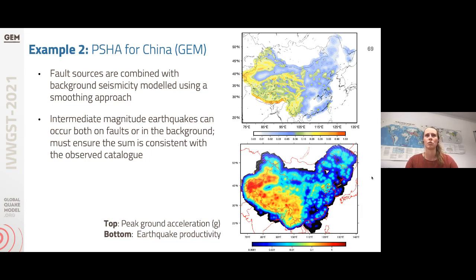And so the two source types have been balanced together to produce a model. On the right here, the bottom plot is showing the rates of the distributed seismicity sources, and in the top plot, this is the hazard output, the peak ground acceleration that has come out, the preliminary results for this.